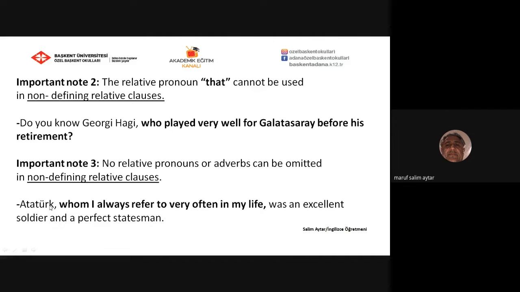Atatürk, for example, whom I always refer to very often in my life, was an excellent soldier and a perfect statesman. Whom I always refer to very often in my life is non-defining, and the whom is the direct object here in the relative clause. You can never omit it.